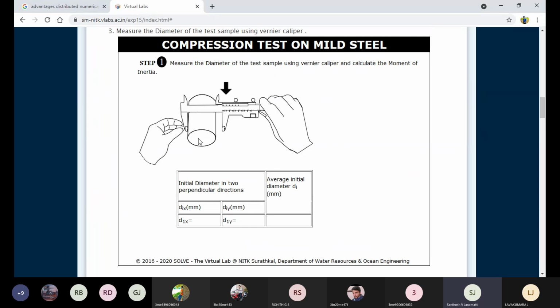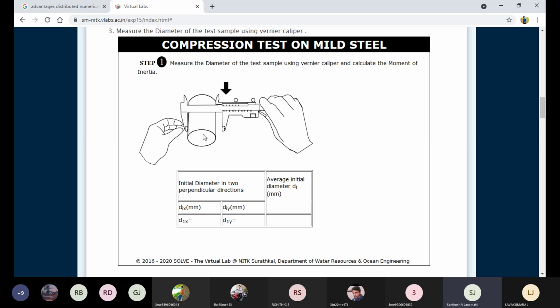These materials we are subjecting to compression because we need to know the compressive strength of the sample. It is an ASTM standard sample, and we have to subject it to compressive force to find its compressive strength.